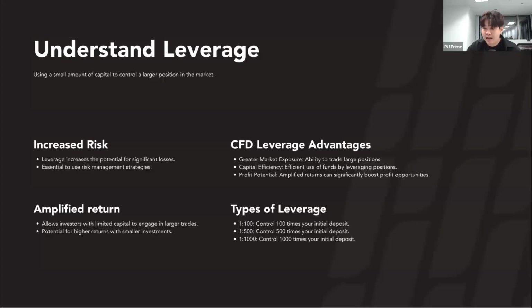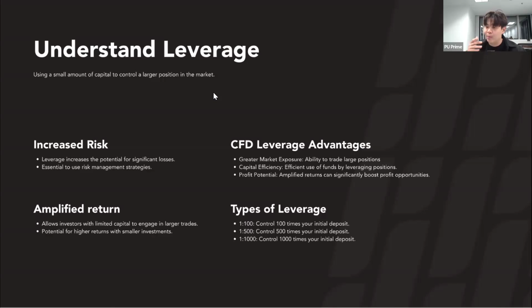And then the second thing you must understand is leverage. How come by using $50 you are able to trade maybe 5 ounces of gold, etc.? Because of leverage. Leverage means that you can use $1 to trade up to $100 to $1,000.